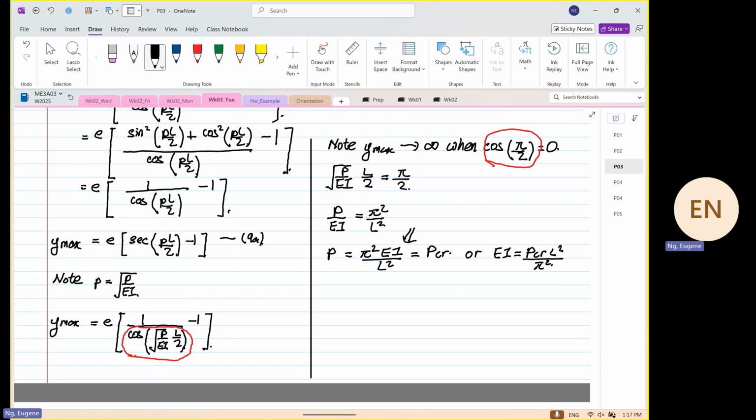The answer is yes. So the critical load for centric and eccentric loading are the same. Can you see that? Right? Derived mathematically. It's not a hypothesis. Okay? It's derived mathematically. I'll see you guys tomorrow.